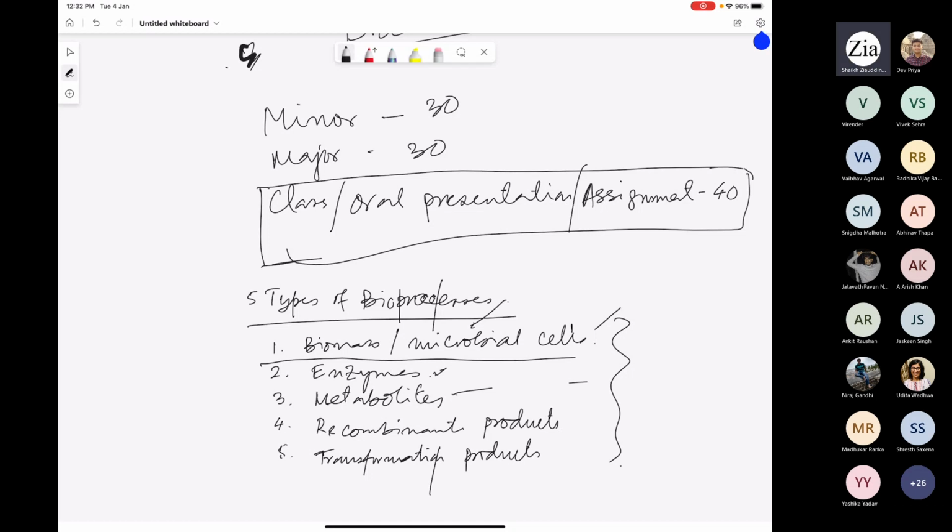One of the common examples is Augmentin. It's a trade name, but the generic name is actually two different compounds. One is, say, amoxicillin, which is a penicillin group of antibiotic, or say a beta-lactam group of antibiotic, and clavulanic acid is another biosimilar product which helps to interact with the enzyme secreted by the antibiotic resistant bacteria.